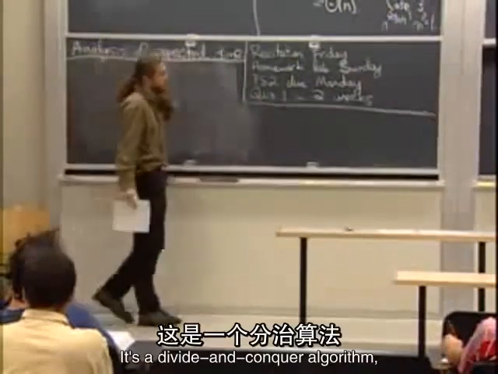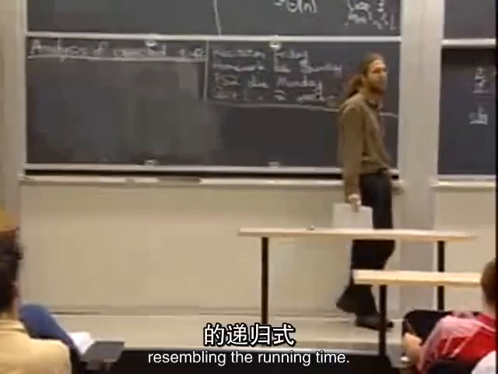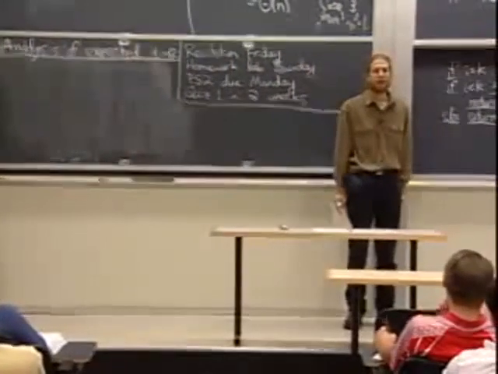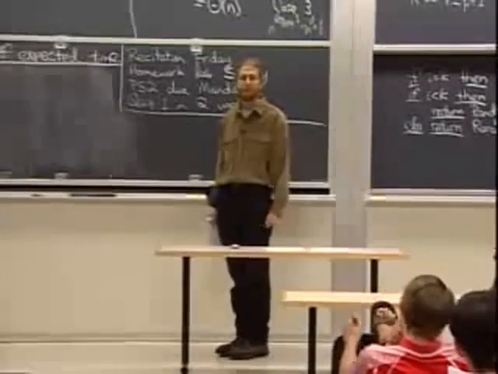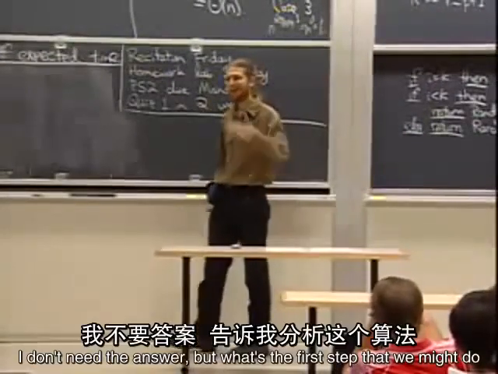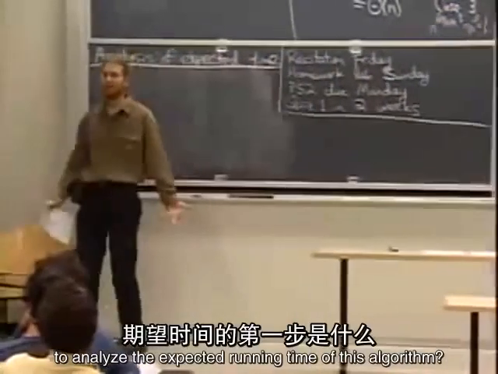It's a divide and conquer algorithm, so we'd like to write down a recurrence on something resembling the running time. I don't need the answer. I just want what's the first step that we might do to analyze the expected running time of this algorithm.